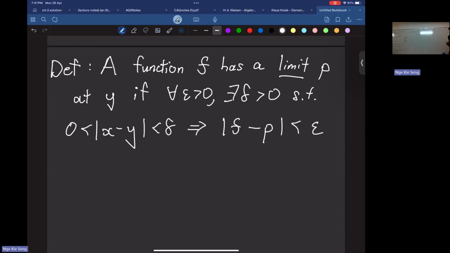Not quite complete yet, right? f minus p here. What do you need to put here? P is a point. You need to understand where you choose this p. To understand this, you need to understand the function first. What does a function do? f(x), right? What's the x doing there? Transforming.